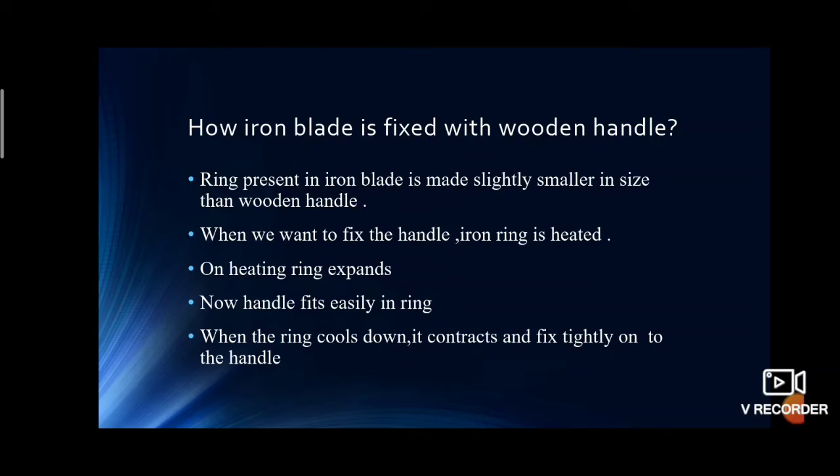The ring on an iron blade is made slightly smaller than the wooden handle. To fix the handle, the iron ring is heated. On heating, the ring expands, so the handle fits easily into the ring.